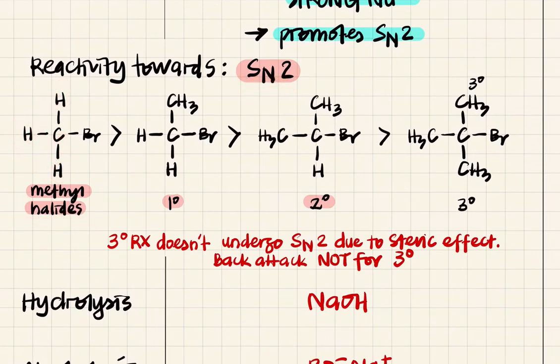Hydrogen kecil, so nucleophilic attack tak ada masalah untuk attack daripada belakang. So methyl halide Sn2. Primary haloalkane pun awak ada satu je R group, so tak ada masalah. It is not sterically hindered. Therefore you can attack from the back, okay, by Sn2 mechanism.